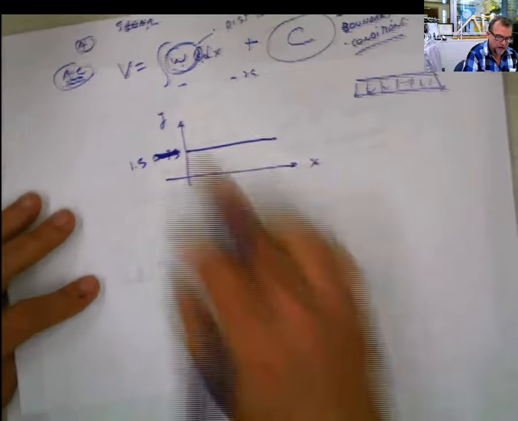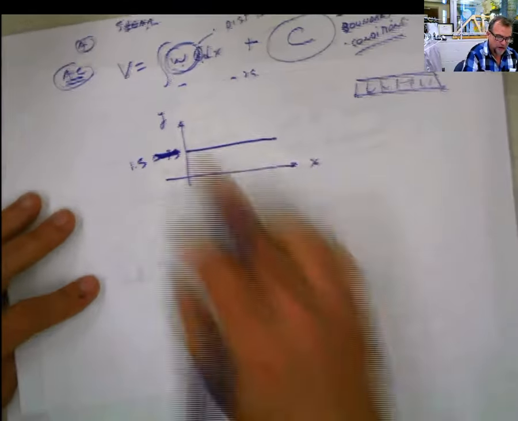Okay, this is the equation. Once we have this equation, then you have to do the evaluation of the equation in CD. CD once again goes from 0 to 2. So for V at 0, this is going to be negative 1.5 times 0 plus 0.75, which is 0.75.